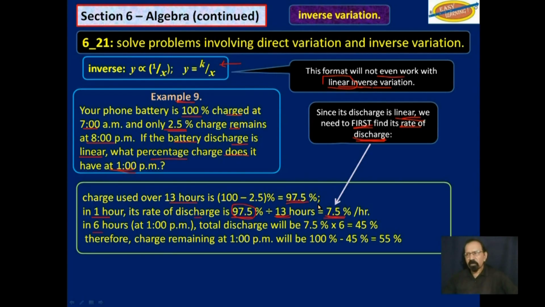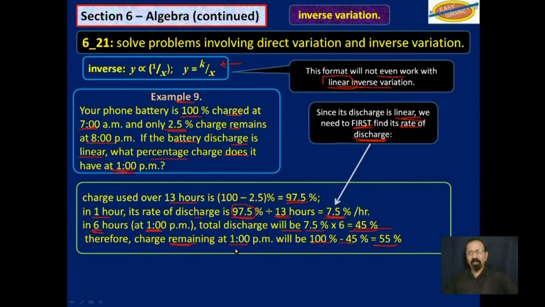In 6 hours, that is at 1 p.m., from 7 a.m., it is 100% charge. 6 hours later, which is at 1 p.m., which is what we are asked to find, its total discharge would be 7.5 times 6, which would be 45%. Therefore, the charge remaining at 1 p.m. will be 100% minus 45%, which is equal to 55%.